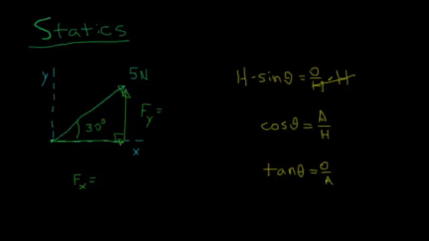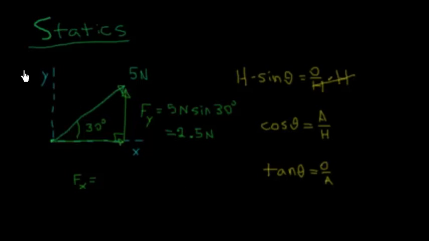So now we do that same thing with our force. So our hypotenuse in this case is 5 newtons multiplied by the sine of our angle theta at 30 degrees, which we know from our trig that sine of 30 degrees is 1/2. So 1/2 of 5 is 2.5 newtons for our y component.